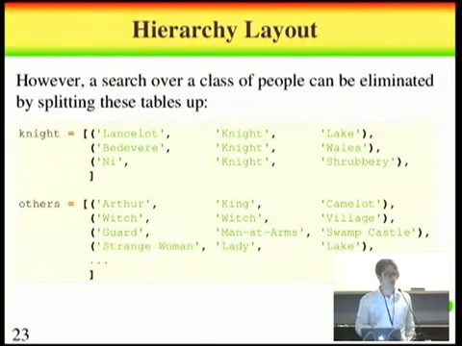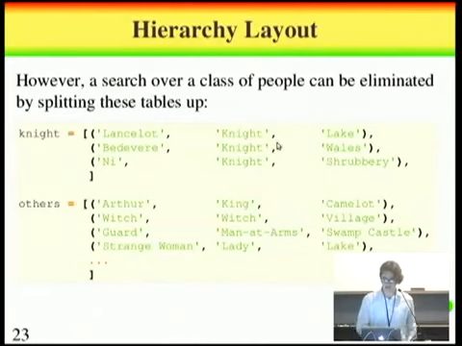However, say you're always going to be accessing a certain class of people, you don't necessarily want to have to search through that table each time to find that profession. So here, what I've done is just separated out the knights from everyone else, right?